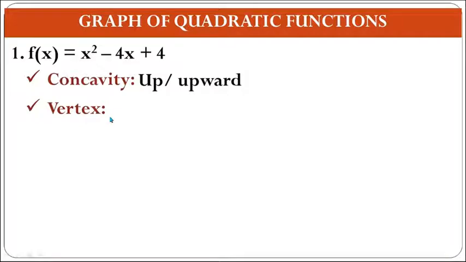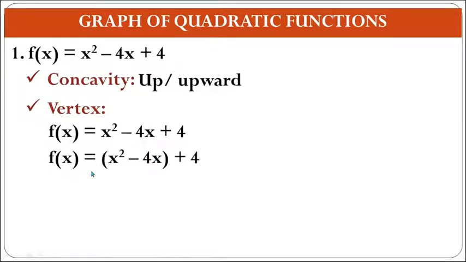We have two methods in finding the vertex. Identify muna yung values of a, b, c, or gawin mong vertex form yung ating standard form. So, standard form, then gawin natin into vertex form. I-group natin yung may variables, then gawin natin completing the square method.